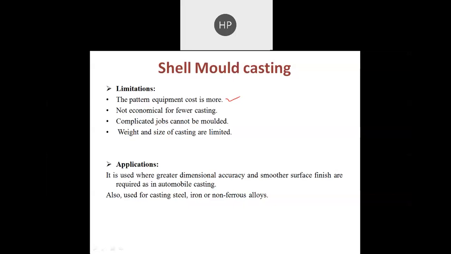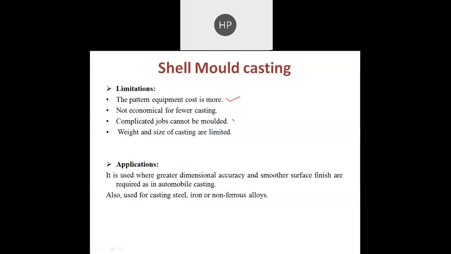The manufacturing of the metal pattern also requires certain machining operations, so all the cost will increase as compared to other casting processes, and it is not economical for fewer castings. When we have to make a large number of castings, then it is economical. Otherwise, the cost is not beneficial for small production.